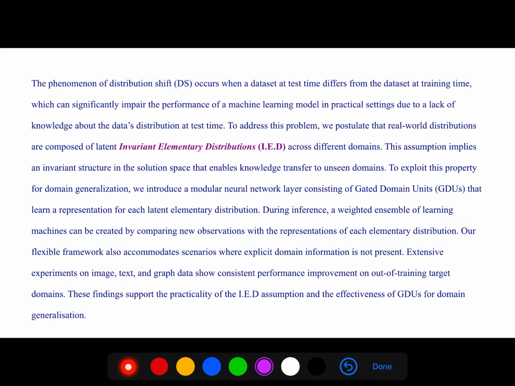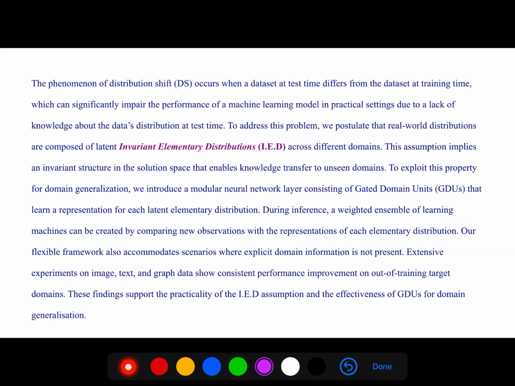To address this problem, we postulate the real-world distributions are composed of latent invariant elementary distributions across different domains. This assumption implies an invariant structure in the solution space that enables knowledge transfer to unseen domains.